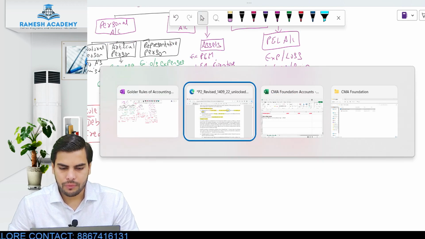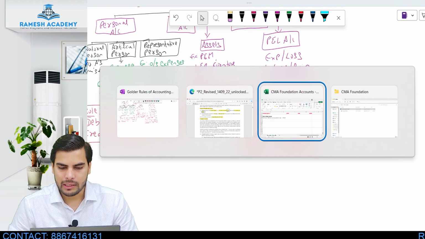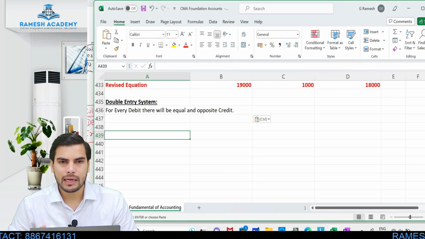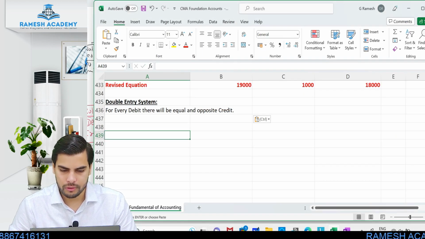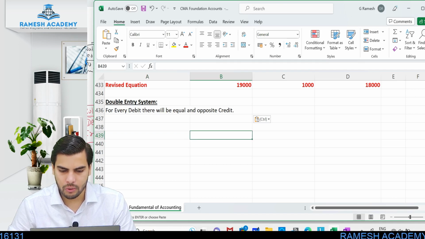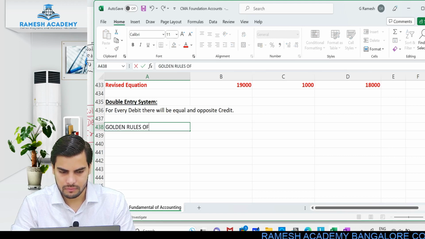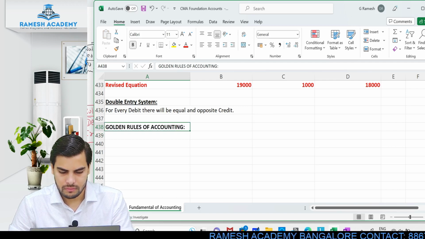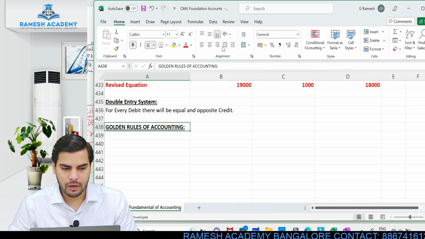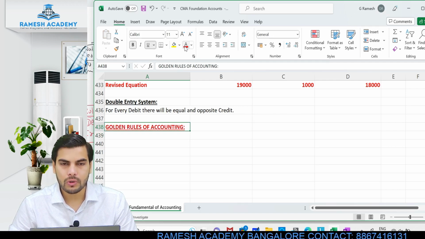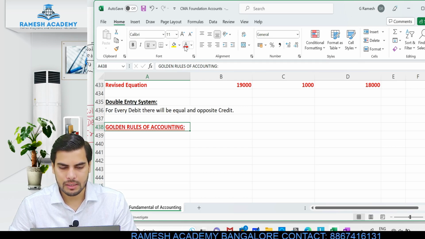Now let us take a few examples, and based on those examples we'll learn how exactly we are supposed to apply these golden rules. Before that, let me just write the golden rules for you guys. Golden rules of accounting, this is also called the traditional approach of passing the journal entry.